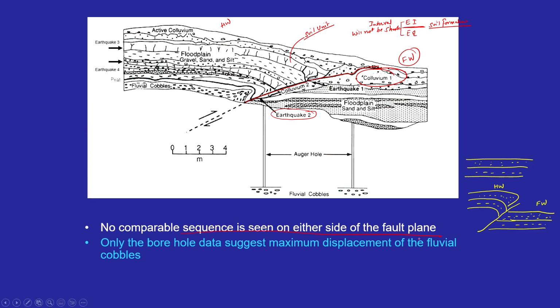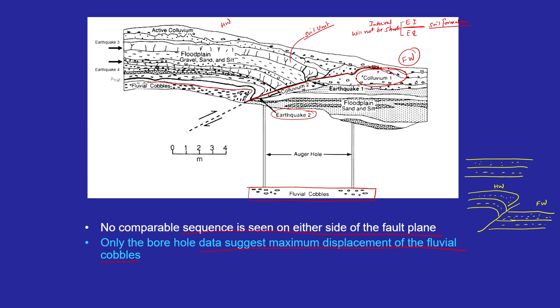Only the borehole data suggests maximum displacement of the fluvial cobbles. So with the help of the boreholes, they were able to see that the fluvial cobbles, the fluvial material or gravelly unit, were showing maximum displacement. This unit is sitting over here.